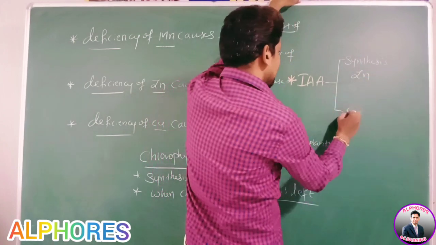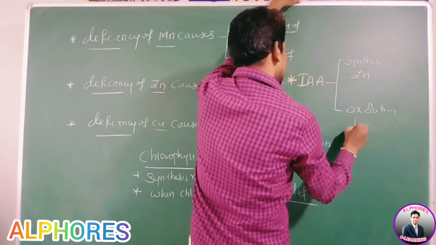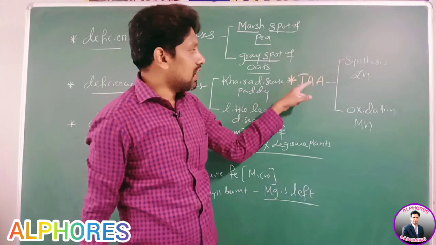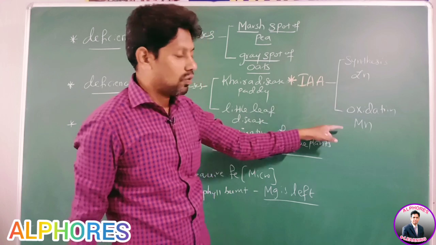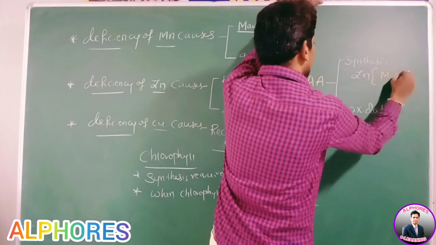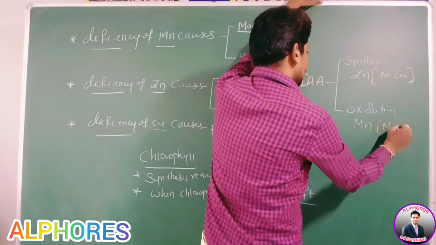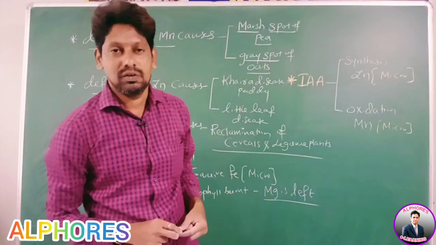For oxidation of IAA, manganese is required. Therefore, synthesis of IAA requires zinc. Oxidation of IAA requires what, sir? Manganese. Sir, zinc is a micro element. Then what about manganese, sir? It is also a micro element. Okay, right?